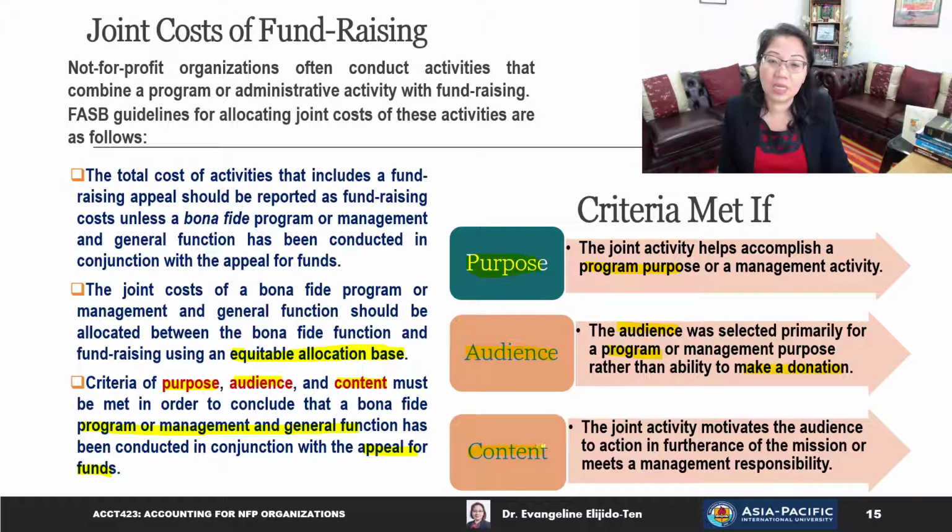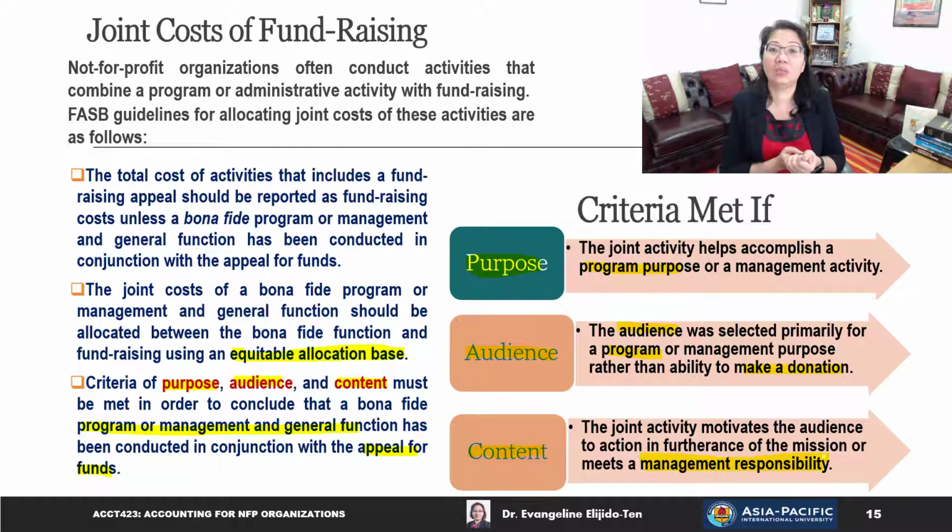The content criteria is met if the joint activity motivates the audience to action in furtherance of the mission or meets the management responsibility. So again, the content has to do with, are you really promoting healthy habits and all that? And how do you do it?